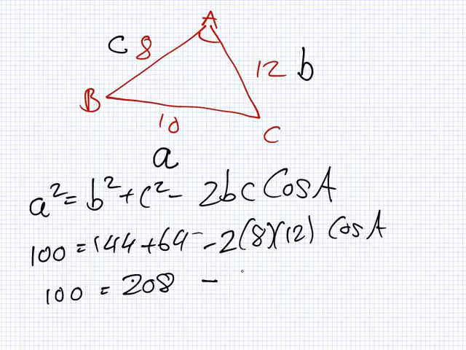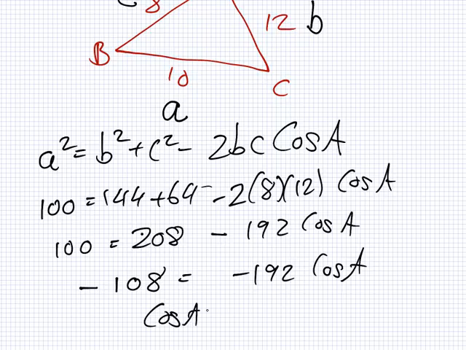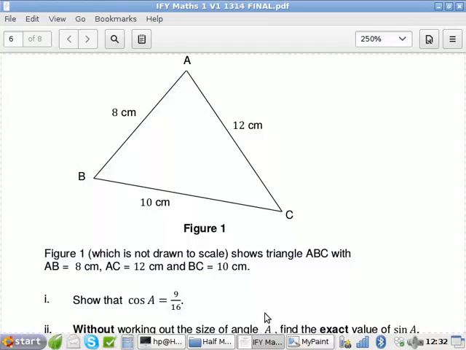Thank you. 192 cos A. So we have minus 108 equals minus 192 cos A. So cos A is 108 divided by 192, which is 9/16. 9/16, yeah? And is that what they ask you to show? Yes. Fantastic.